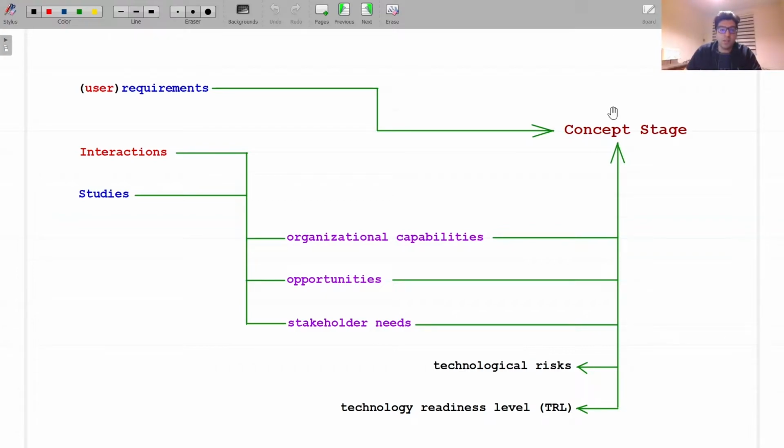It is critical that in these early studies, a high-level preliminary concept be created and explored to whatever depth is necessary to identify technological risks and to assess the technology readiness level, or TRL, of the project. The focus is on studying potential technologies and determining the state of what is possible and what is not.